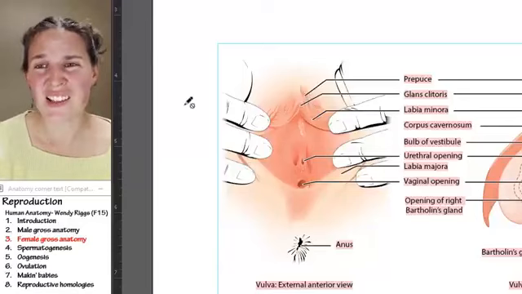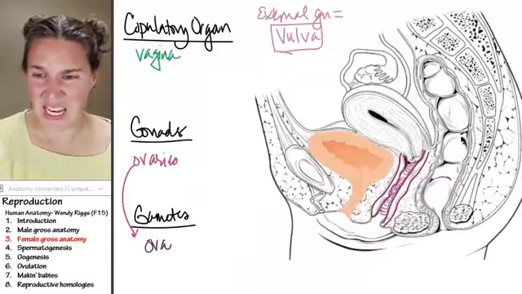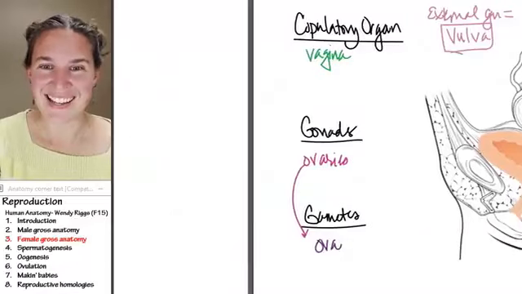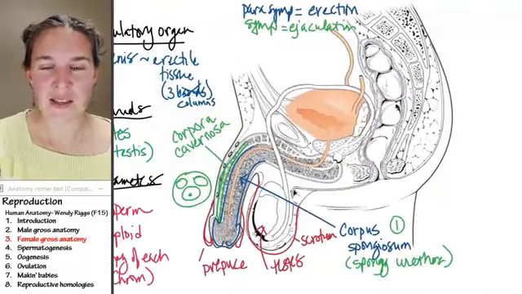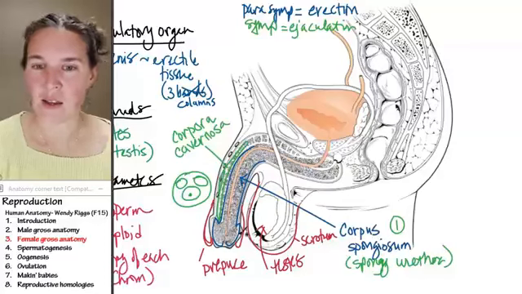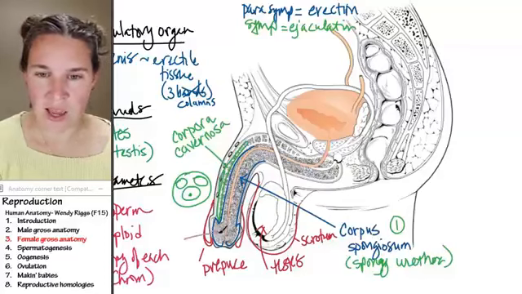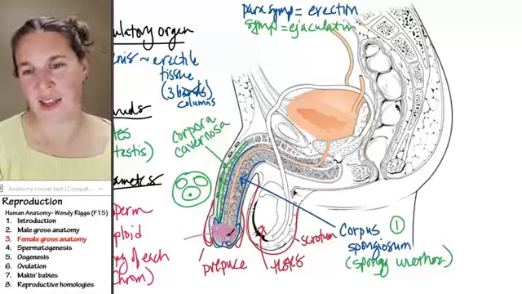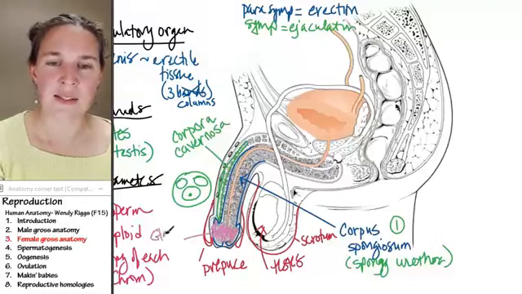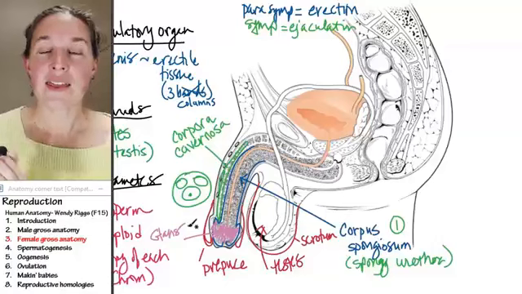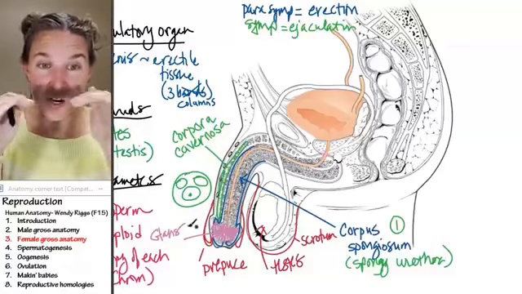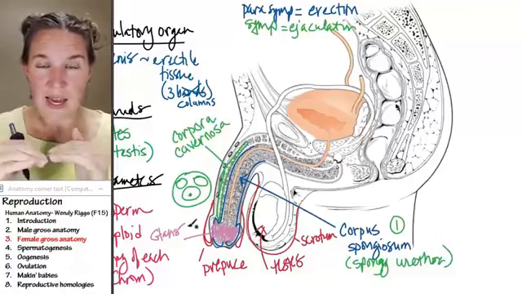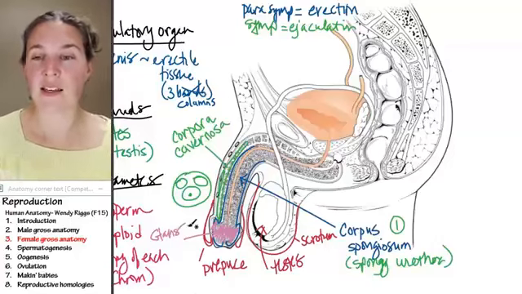I forgot to label the glans of the penis, because a penis has a glans. So guess what the glans of the penis is? It's the head of the penis. We'll just color that in. This is the glans, the little part that kind of bulges out like that.